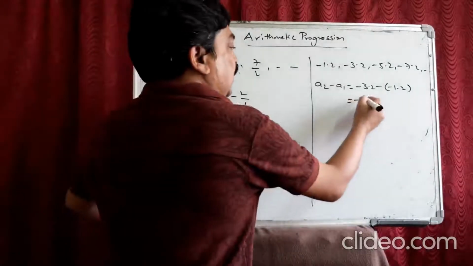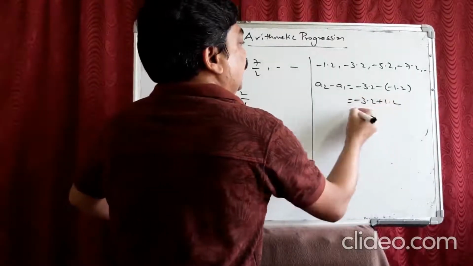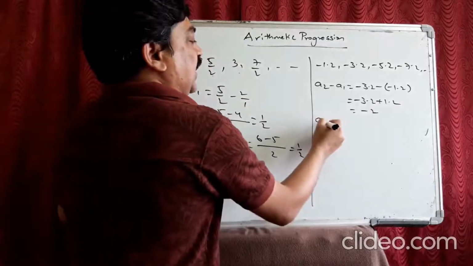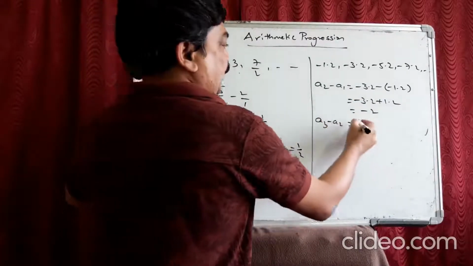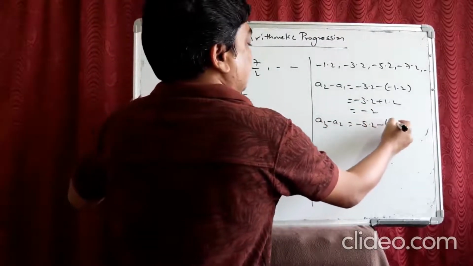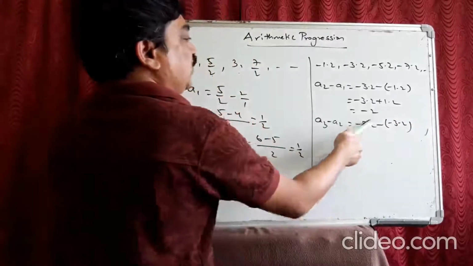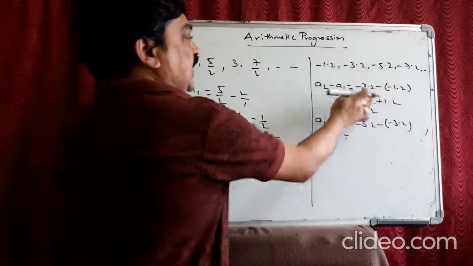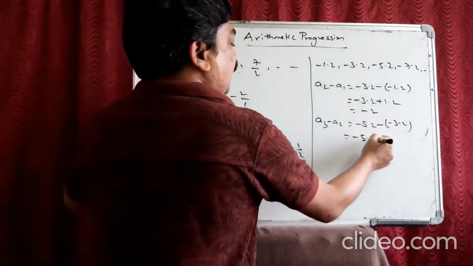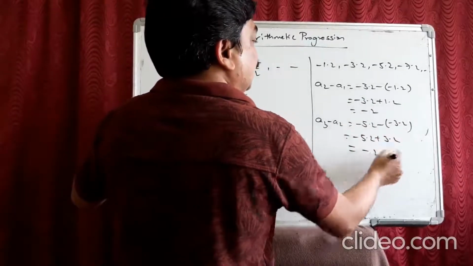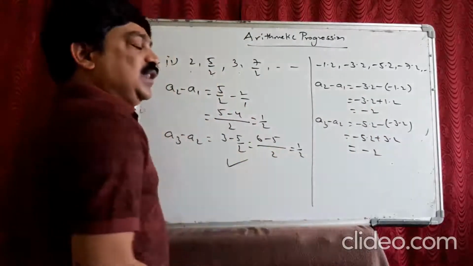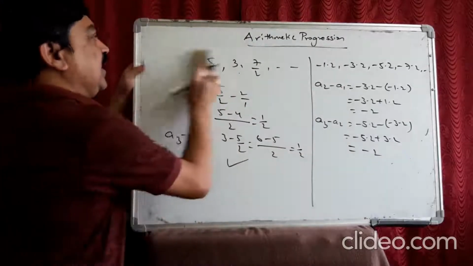Be careful: minus 3.2 plus 1.2 becomes minus 2. Again A3 minus A2: minus 5.2 plus 3.2 becomes minus 2. Both are the same, therefore the given series is also in AP.